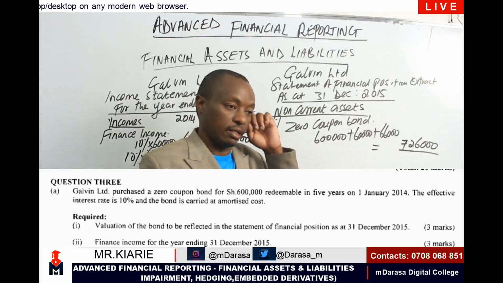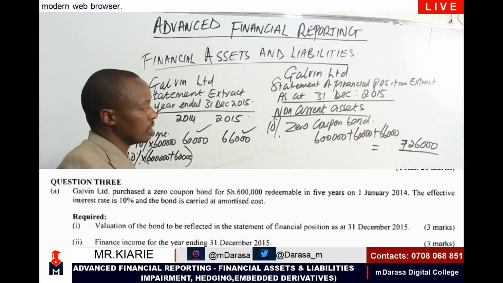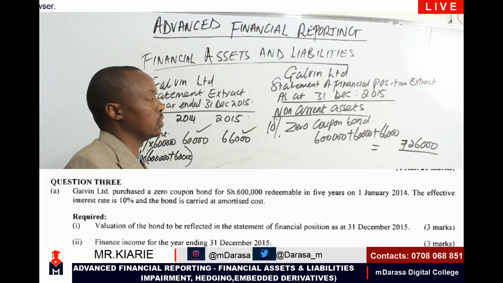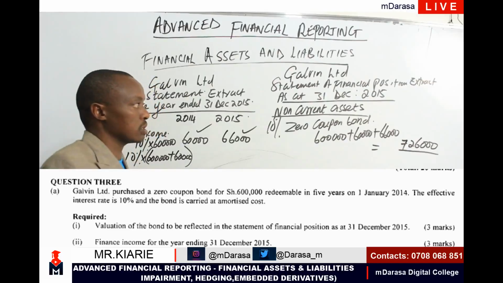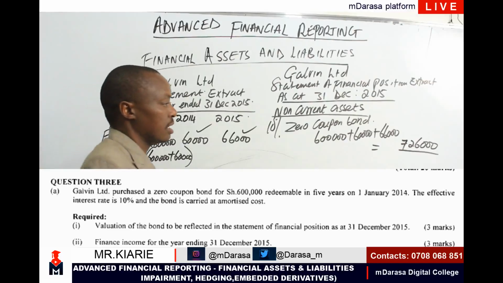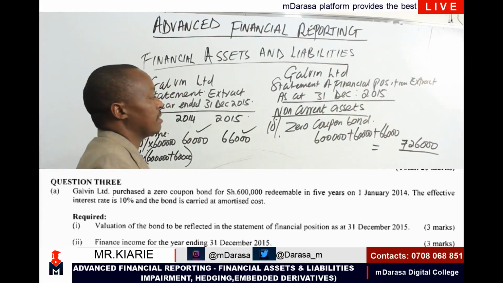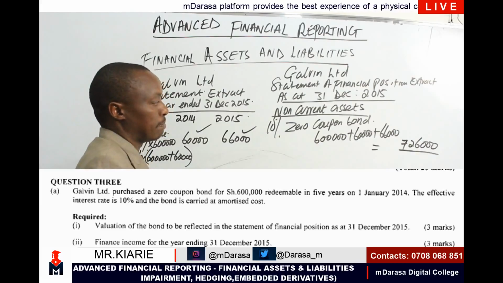And again, supposing that FDA Limited had issued this zero coupon bond, supposing it was not purchasing but selling, then the same amount would have been accounted for as a non-current liability, but the procedure is the same.